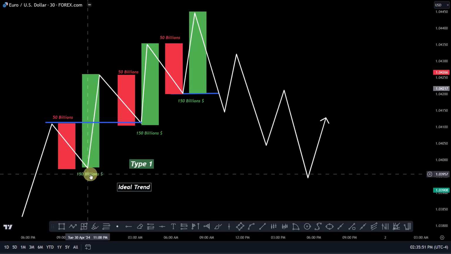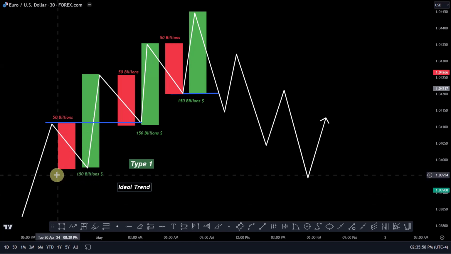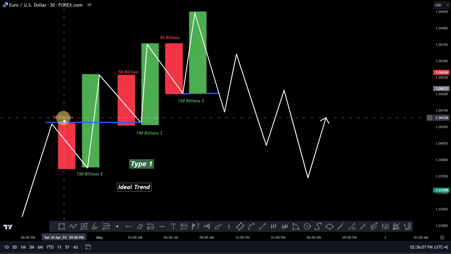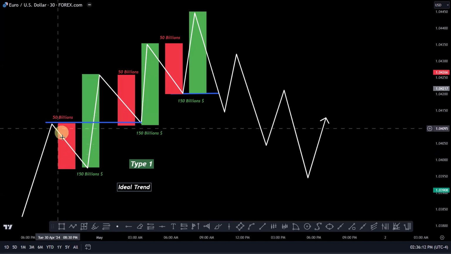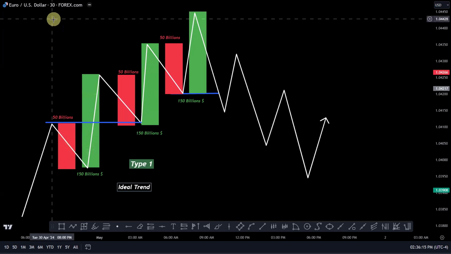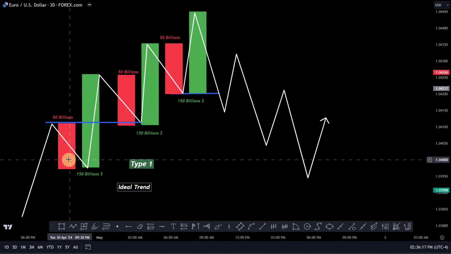Here, let's say that institutes want to open a position of $150 billion. But in order to open a $150 billion order, they need a seller of $150 billion as well. So if there are not enough sellers present, in order to attract sellers, they're gonna first open $50 billion as a sell position, which is gonna drop the price. As the price is dropping on, let's say, the daily time frame, on lower time frames like 1 hour, 15 minutes and 30 minutes, the price is gonna change the trend.